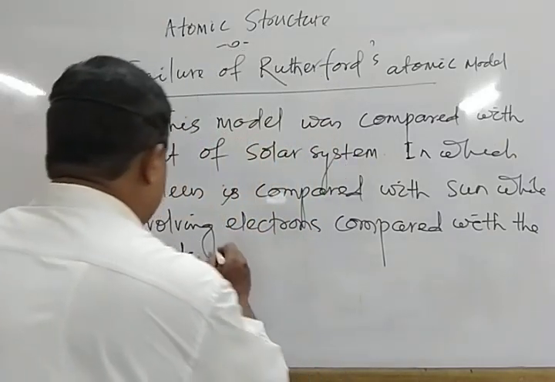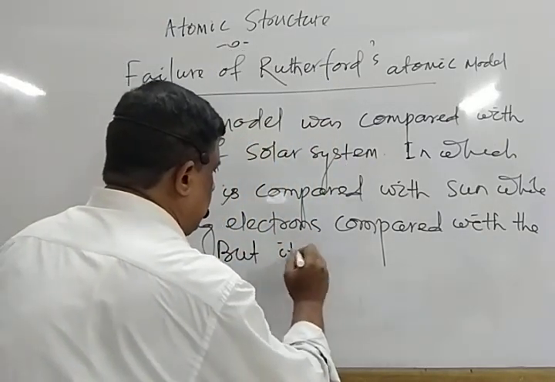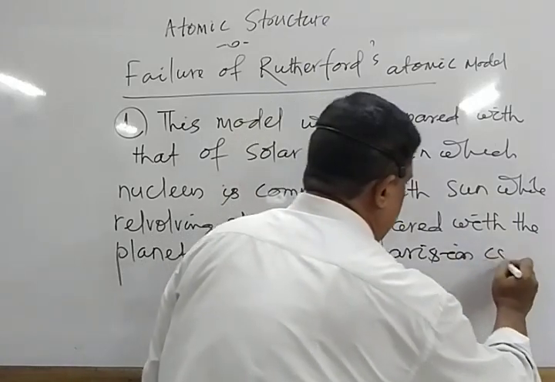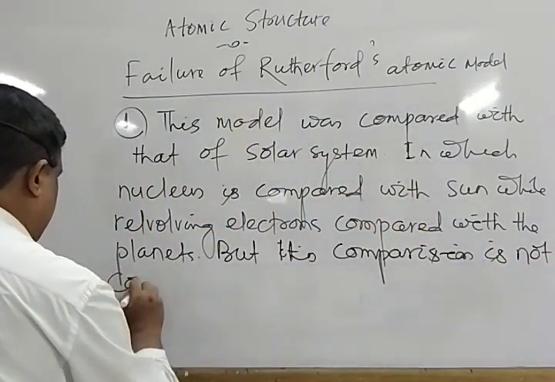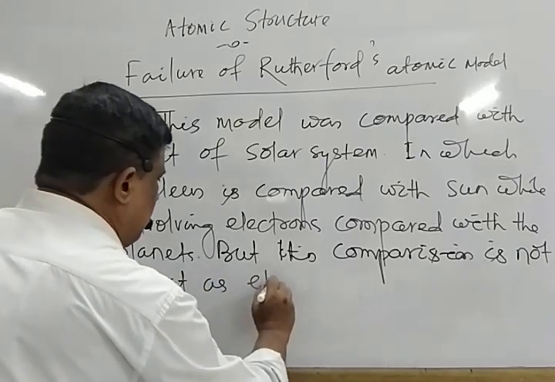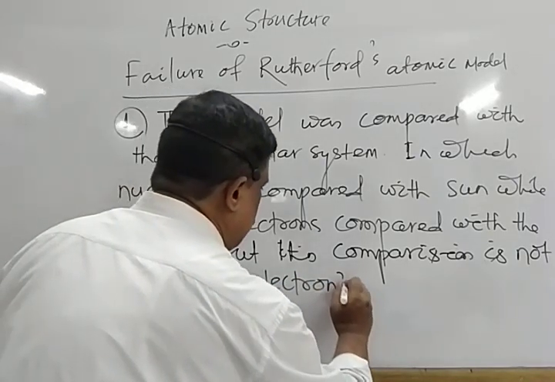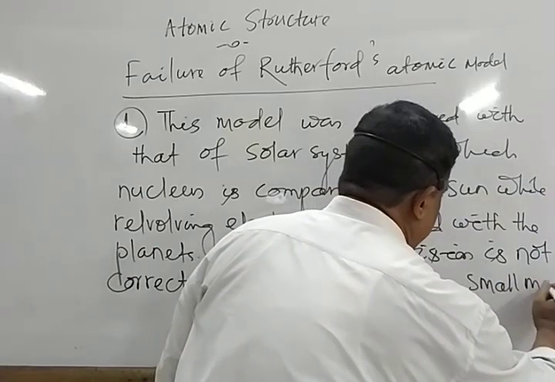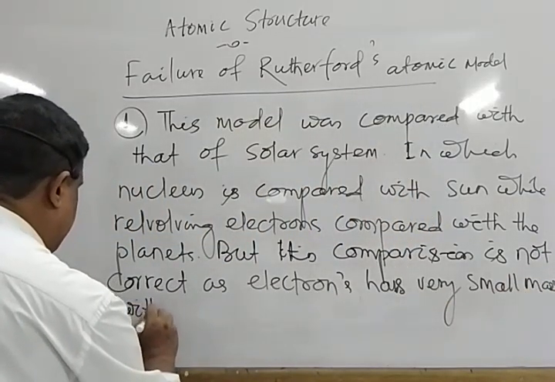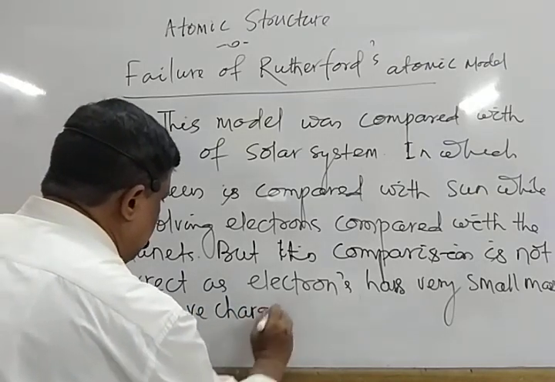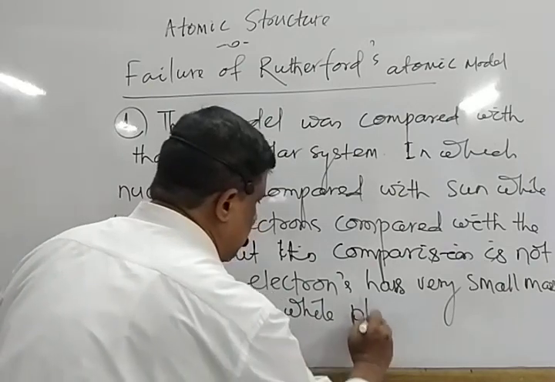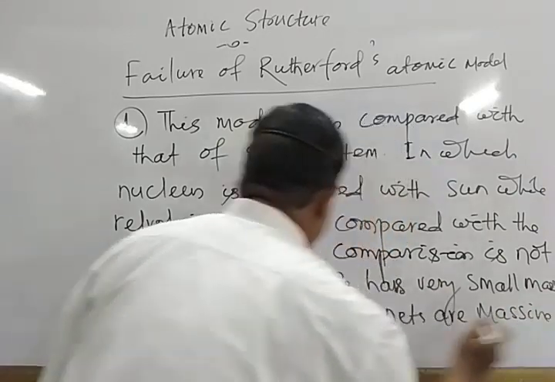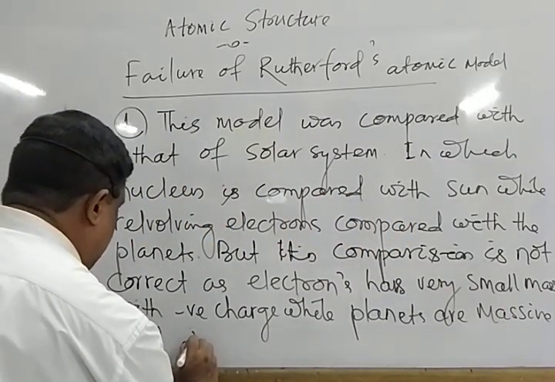Mark that. But this comparison is not correct because electron has very small mass with negative charge, while planets are massive and are neutral.